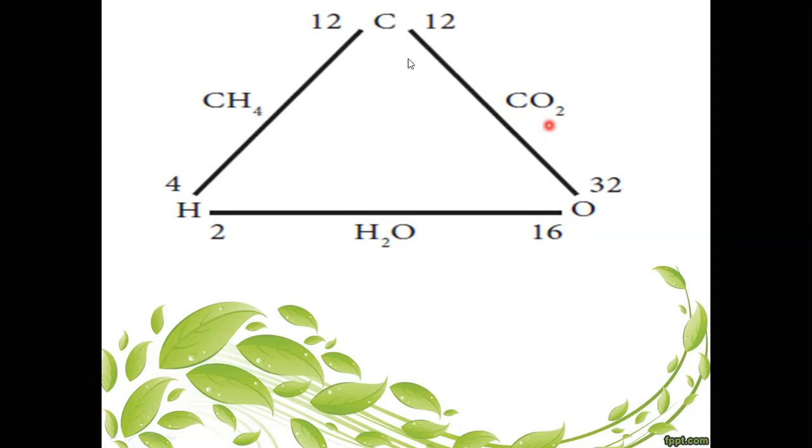Two different elements combine with a fixed mass of the third element. So carbon and hydrogen combine with oxygen: hydrogen and oxygen combine to form water, and carbon and oxygen combine to form carbon dioxide.